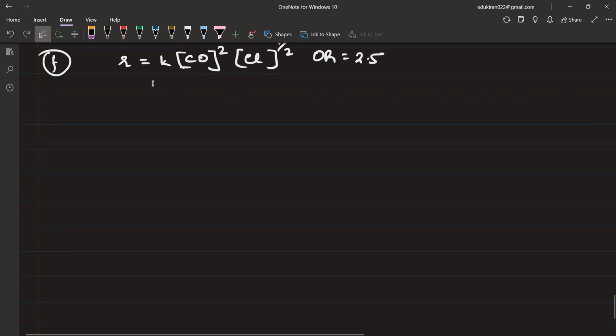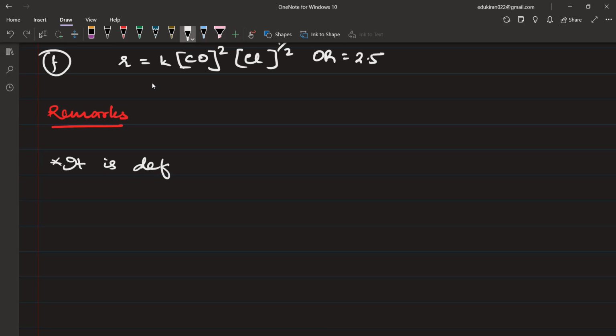Now write some remarks regarding order of reaction. The definition you have written, right? It is experimentally determined.